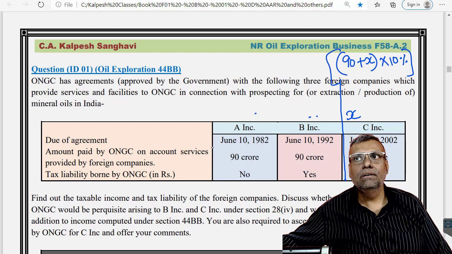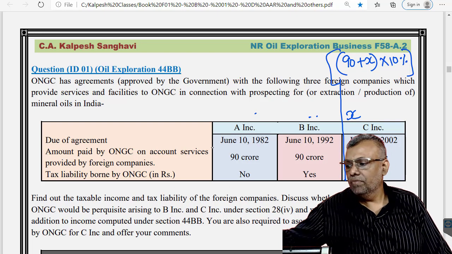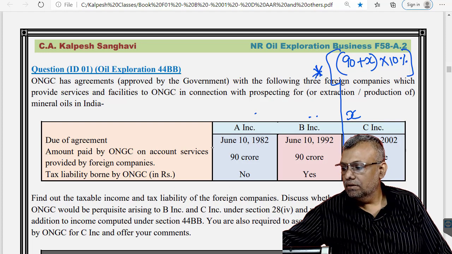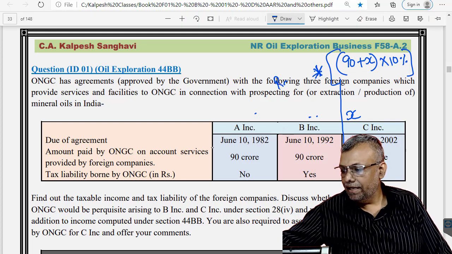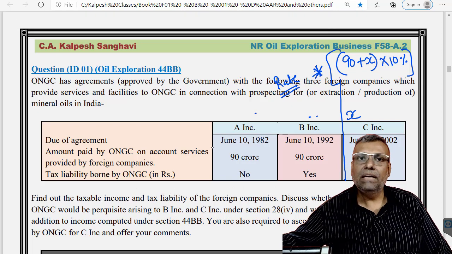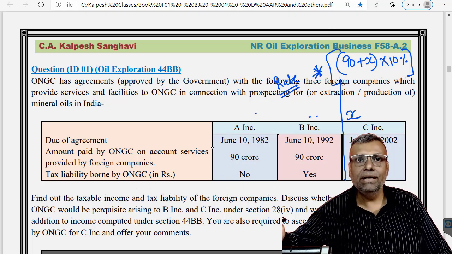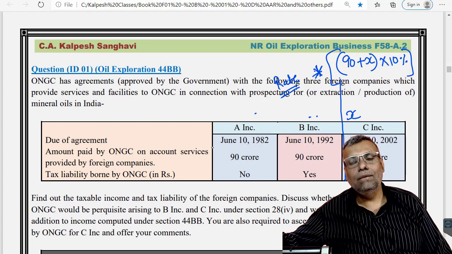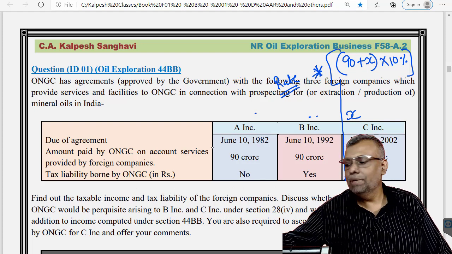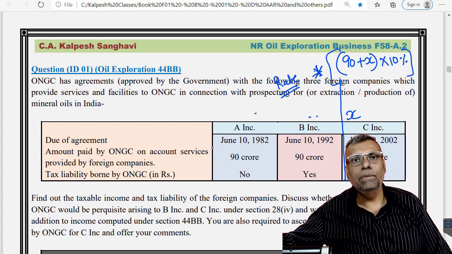Is that very much clear? Okay, this is going to be my net income. Okay, on the net income, I will multiply it with my net rate of tax. So I already know the rate of tax that is applicable to the foreign company. On the rate, I know the applicable surcharge. Looking at this particular amount, approximately my income is going to be somewhere around 9 crore rupees, little bit of plus.